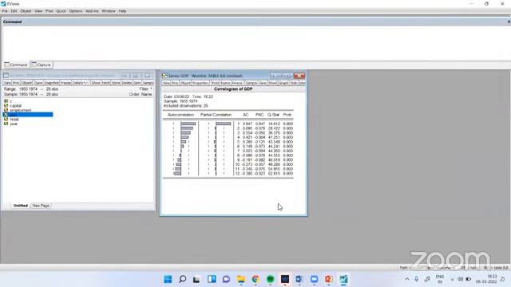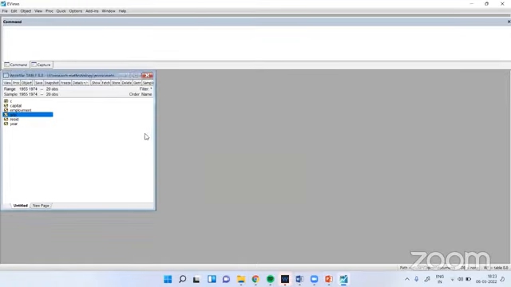Okay. Now, one more thing which we have forgotten is that before recommending any such thing, we will have to make the series stationary first, and therefore we had used some commands to make it stationary.